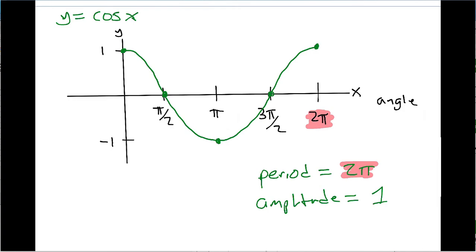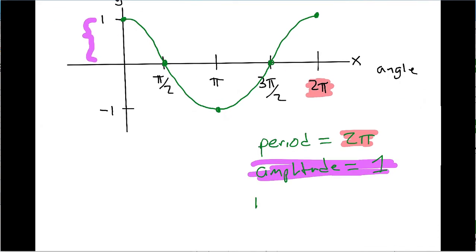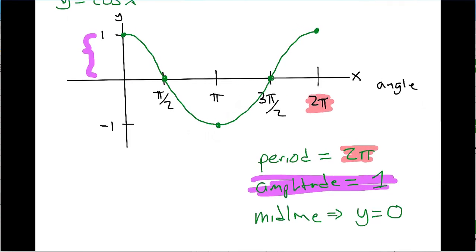Remember that the amplitude is how high it gets away from that midline. And the last thing, the midline on this one, again, is y equals 0, because midway through is right here. It splits it right in the middle.